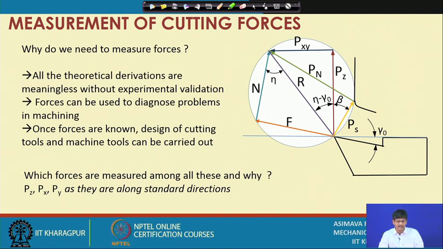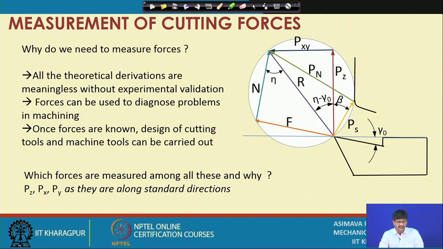So, for design calculations and other activities, cutting forces will have to be known. You might still argue that the machine tool was already there on which you are using the cutting tool, but it is the everlasting question about which came beforehand. Did the egg come first or the chicken come first? So, if you want to design machine tools, you have to know the cutting forces, you have to carry out the experiments.